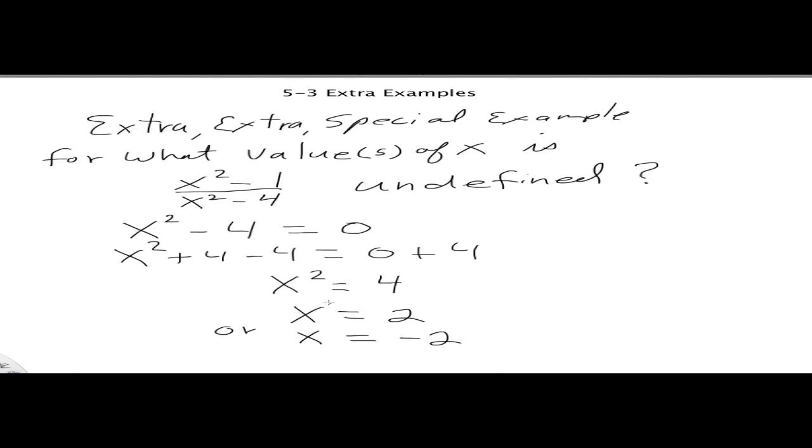So the difference here between this one and what we've done previously is x is squared. And when I took the square root of x squared, at that point I wanted to get plus or minus 2 as my answer. I wanted to know both the positive and negative values that would make x squared equal to 4. And so my answers reflect those two values.